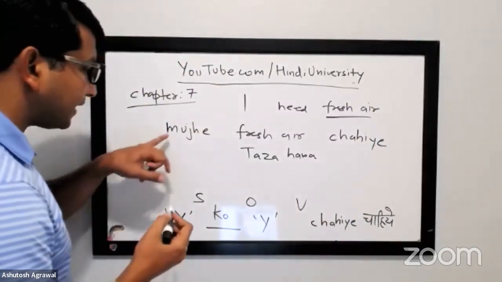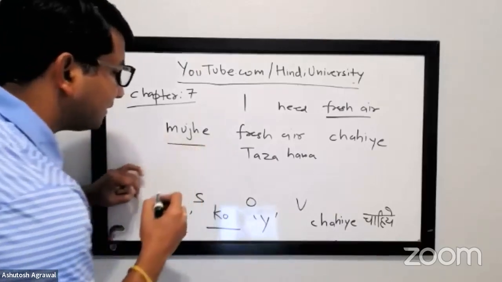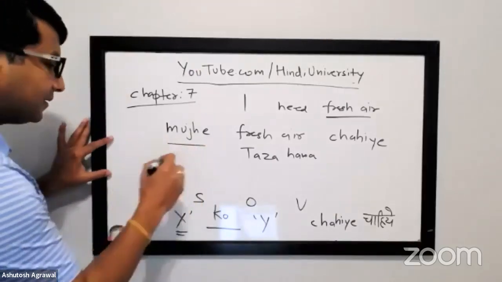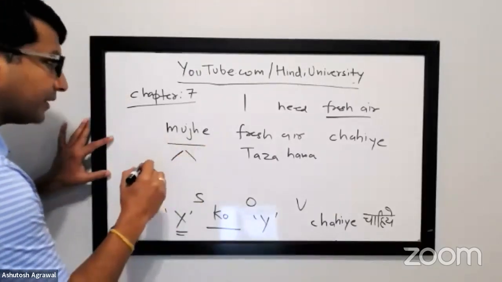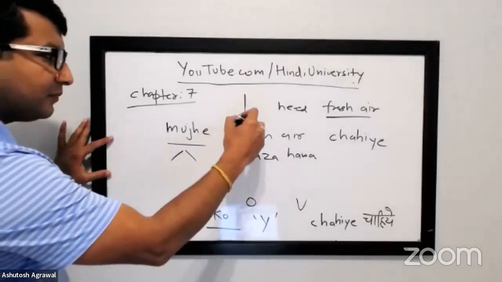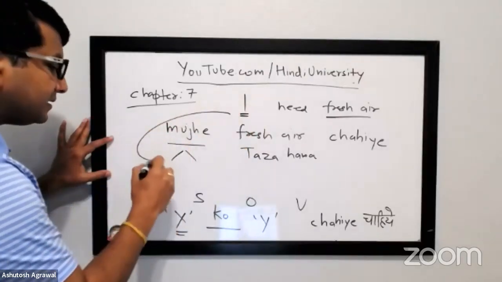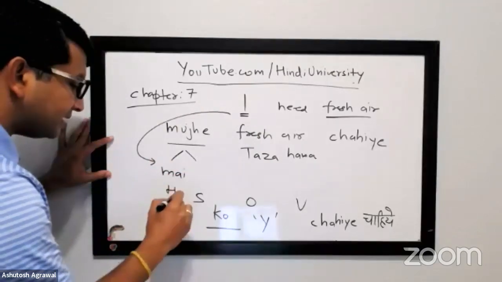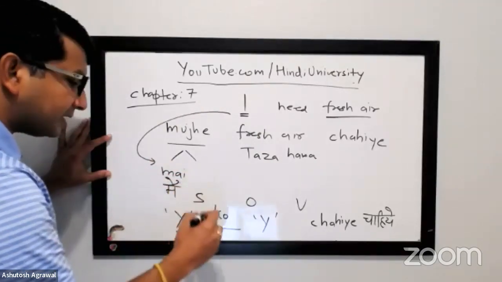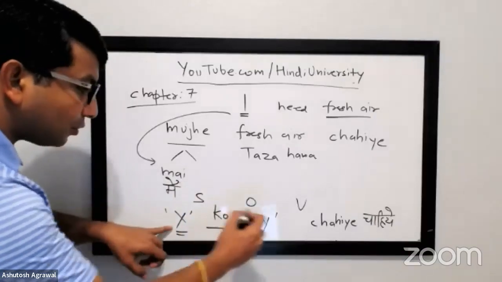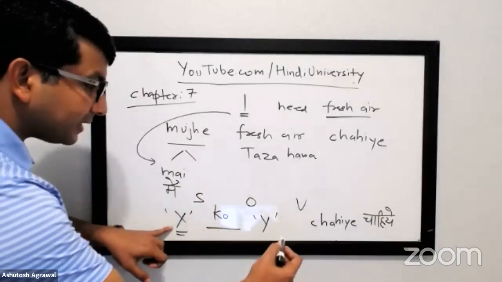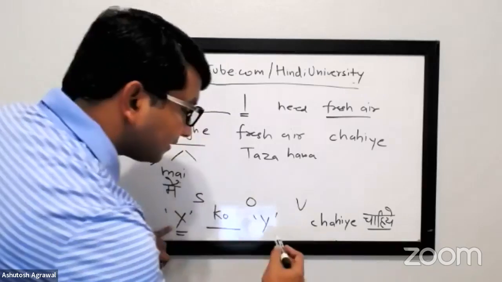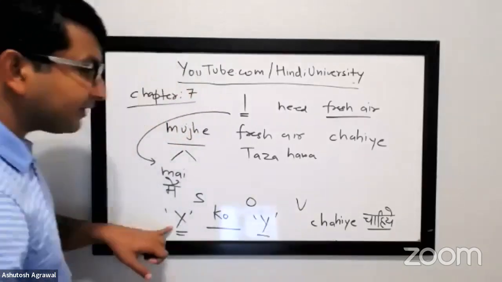Why did you write मुझे here? Because मुझे is me and co together. So the word I in Hindi is, as you said, मैं. But at the same time, we said X को Y चाहिए. This thing is clear. Y is clear, Y is fresh air.